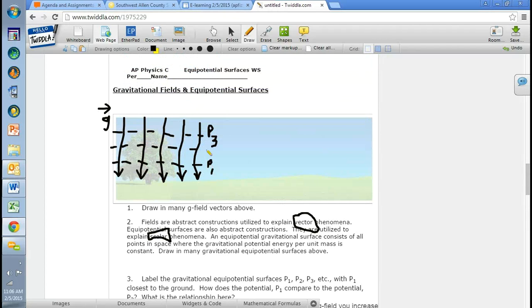But when I figure out delta P, it's P1 minus P3. It's always final minus initial. Can you see that's going to be negative, because P1 was less than P3?